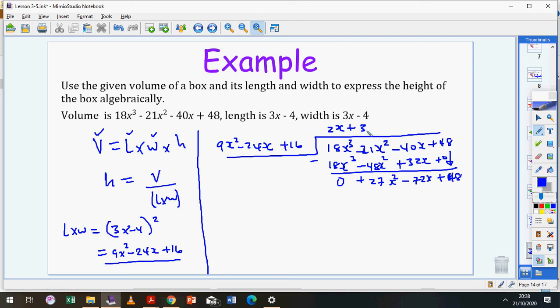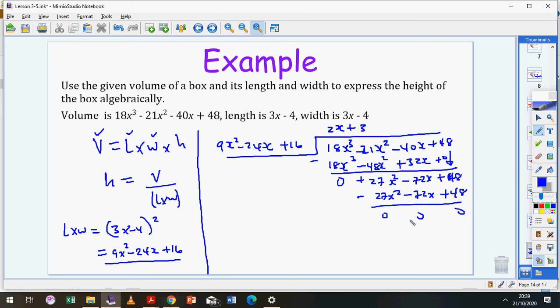So 3 times 9x squared is 27x squared. 3 times 24x is 72x. And 3 times 16 is 48. So when I subtract this, I end up with zeros, zeros, zeros.